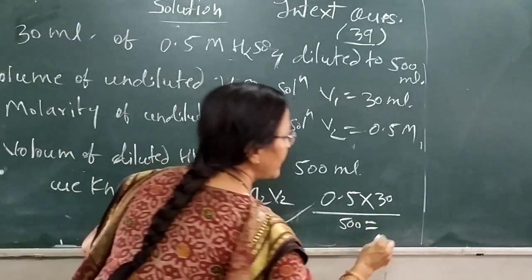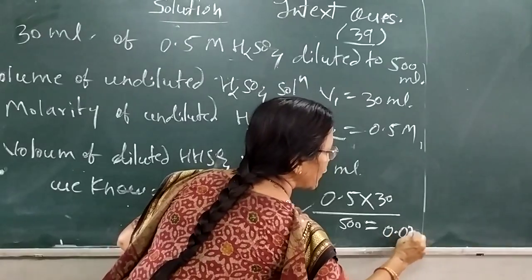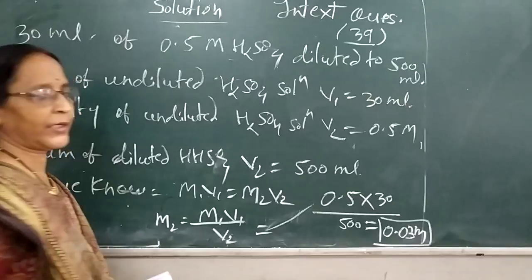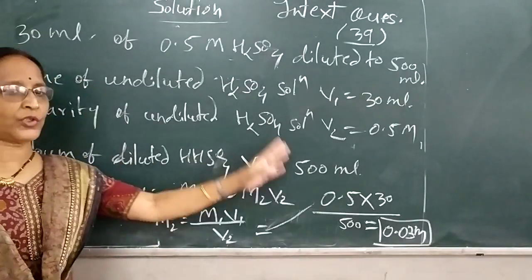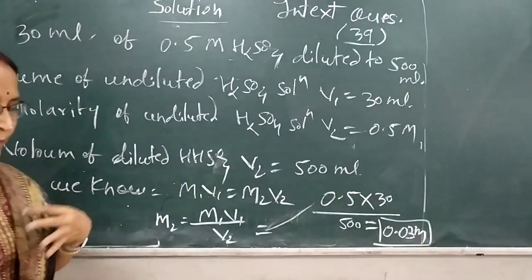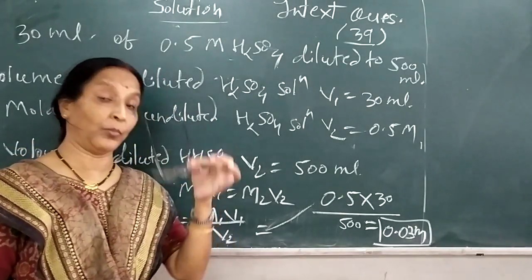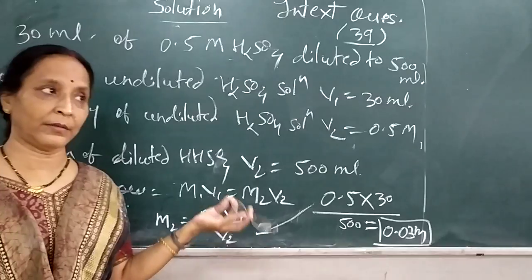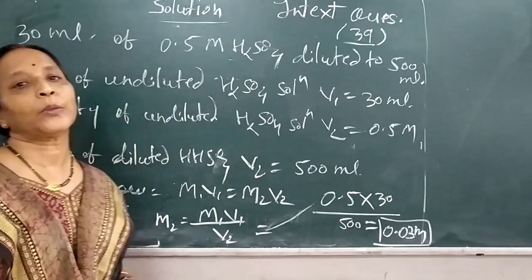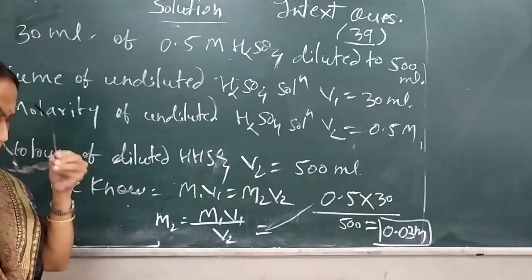When we calculate, it will come 0.03 M. This is our molarity of the solution. In this way also we have to calculate the molarity. Before that, we learn how to calculate mole fraction of the solute.